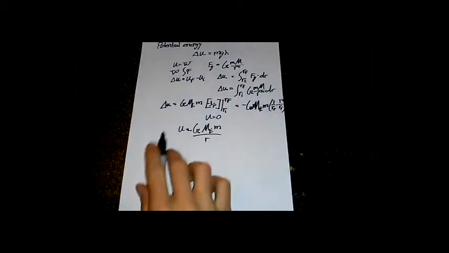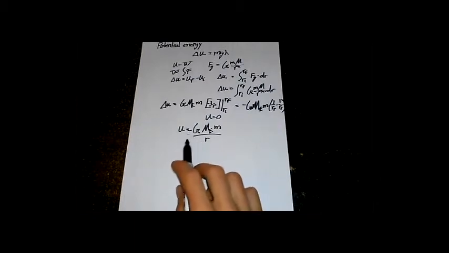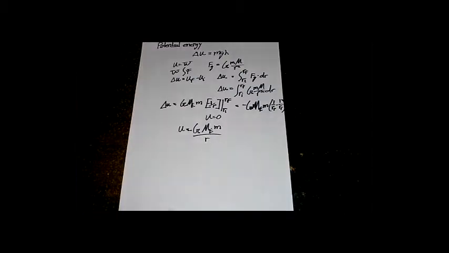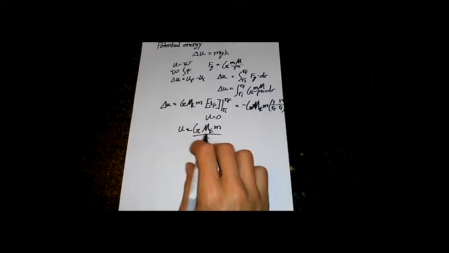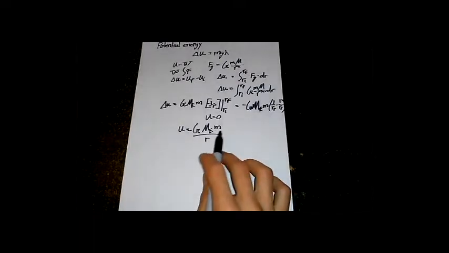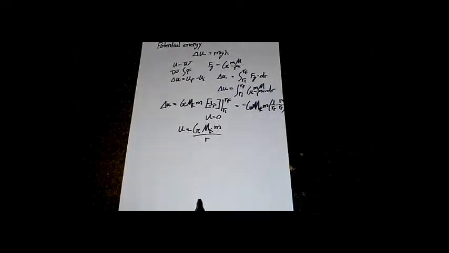So this is our equation for gravitational potential energy for an object outside of a celestial or planetary body, specifically in this case the Earth. It can apply to any planet, though, as long as you know the mass of the planet and the radius from your object to the center of the planet and the mass of the object.